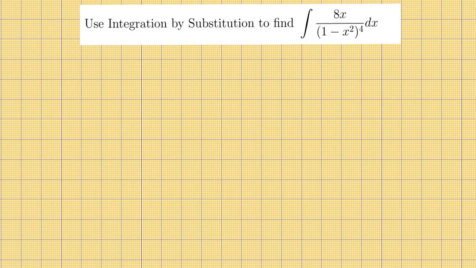One final one, use integration by substitution to find the integral of 8x over 1 minus x squared raised to the power of 4 dx.